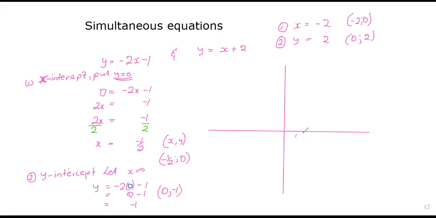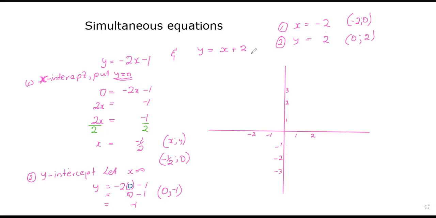So here 1, 2 there, minus 1 there, minus 2 here, 1 there, 2 there, 3, negative 1 there, negative 2 there, negative 3.